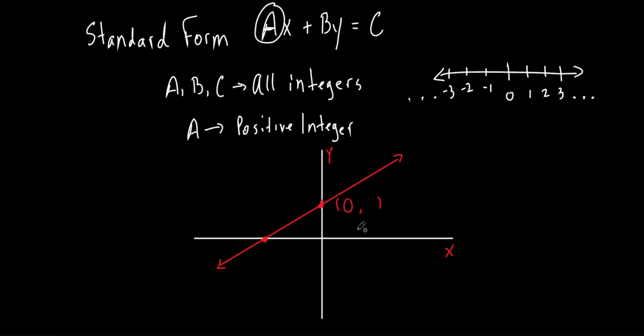I don't know the number, but let's call it y, because we go up on the y-axis. Everybody see that? So for the y-intercept, the x is always going to be 0. Do you hear me? That's a key to what we're going to do today. So in order to get to the y-intercept, the x is always going to be 0. Let's do the same thing over here with the x-intercept.